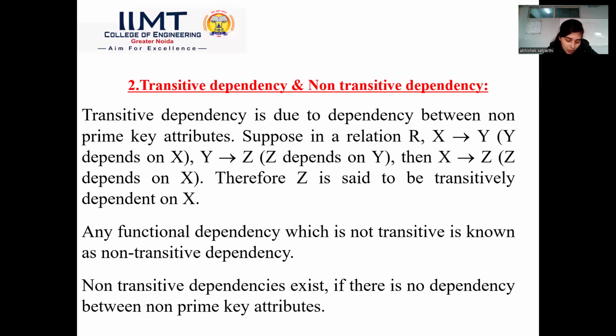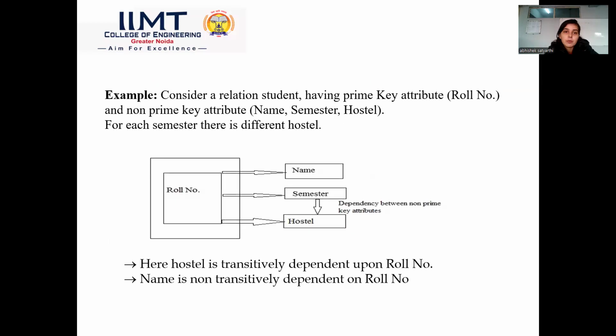If there is a non-prime to non-prime dependency, then transitive dependency exists. But if there is a prime to non-prime dependency, then non-transitive dependency takes place. So non-transitive dependency exists if there is no dependency between non-prime key attributes.